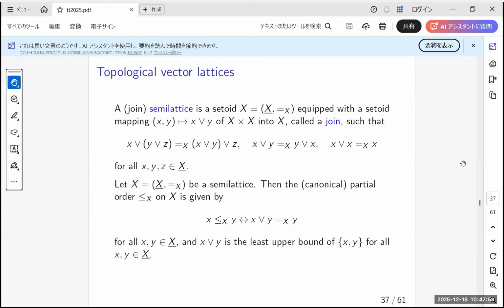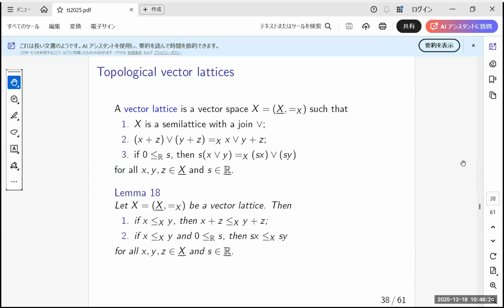And we are going to introduce topological vector lattice. Semi-lattice is defined as usual, but replacing equality by the equivalence relation. And then we can introduce the canonical partial order as usual.